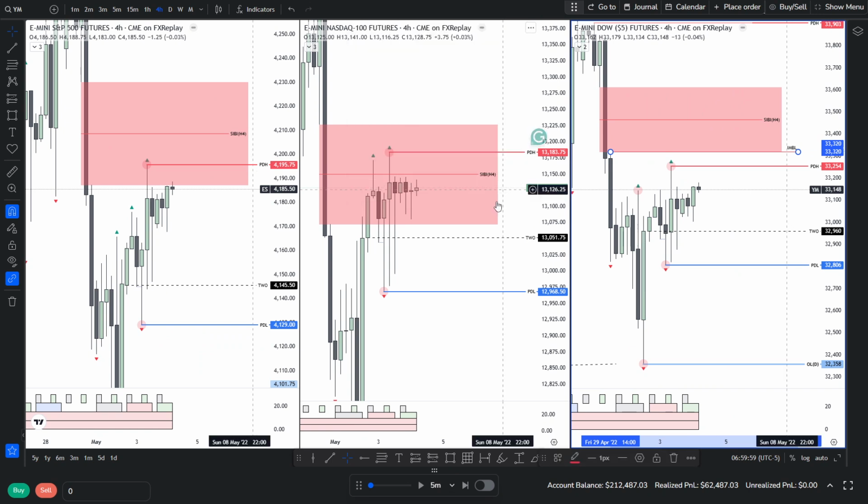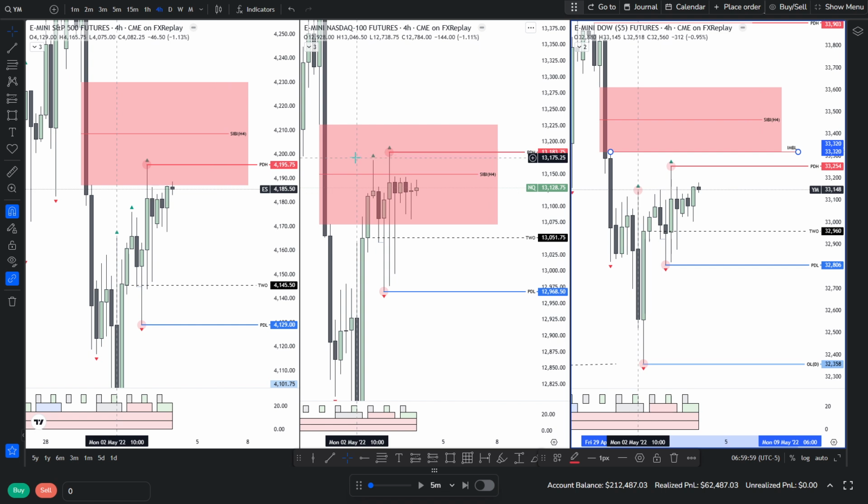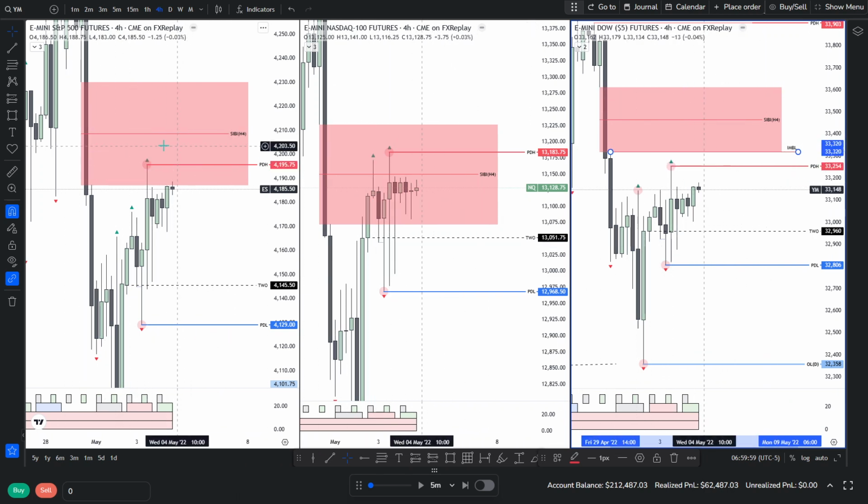Okay, so a potential trade idea could be, I mean, it's not one that I predominantly take, but it's one that I should be aware of. Is if we get a cracking correlation at this imbalance, these two are in here. We get a purge of the previous day's high.